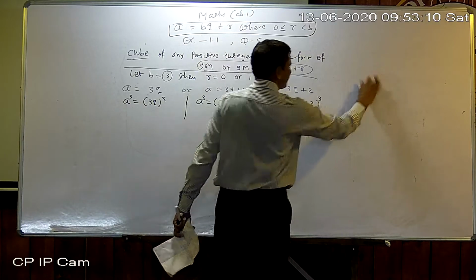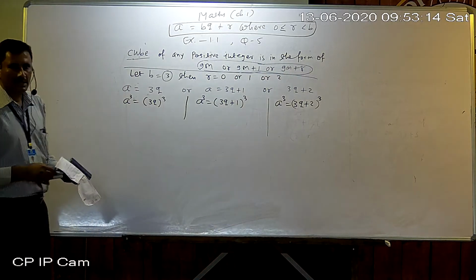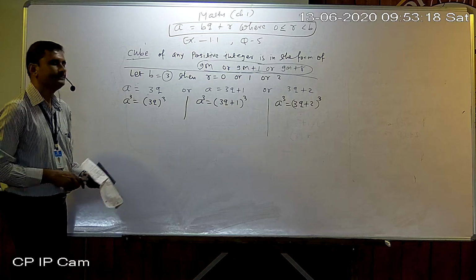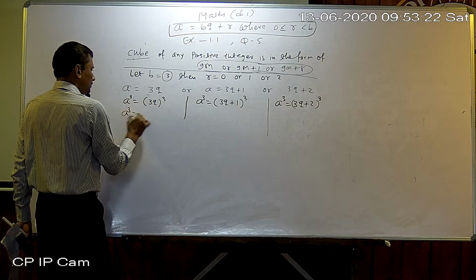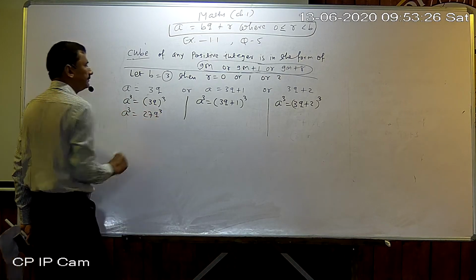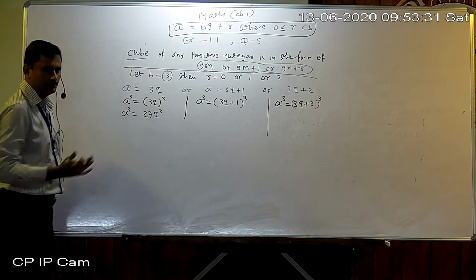Instead of the square of the first session, we are here making the cube of the given expression. Now a cube equal to 27q cube. 3 cube is 27, and q cube.